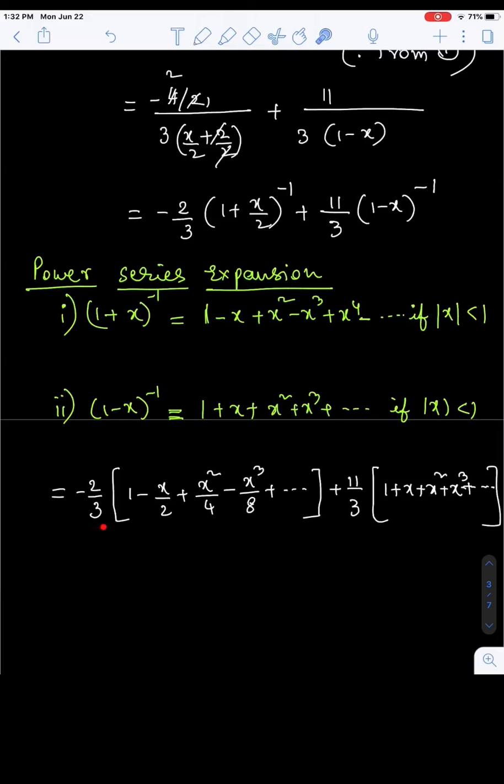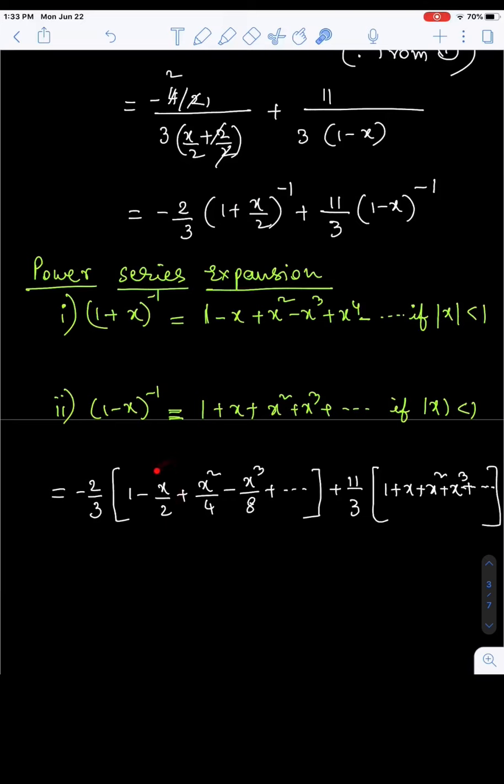Dear children, again I repeat, what did I do? I have taken the help of this formula to write it. Only the change should come: x by 2, the remaining is the same. So the same terms should come, but where the change should come, in place of x, put x by 2.